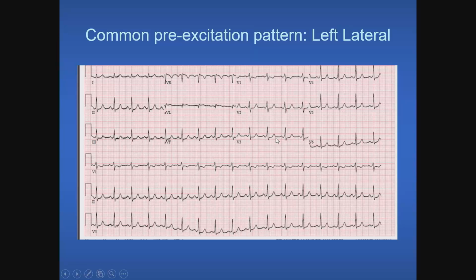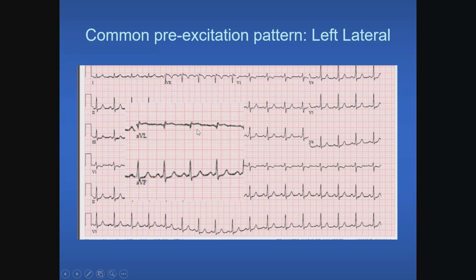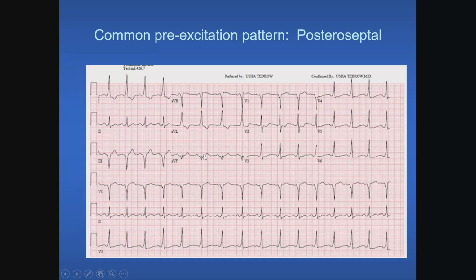So the delta wave is definitely there, and it's fairly typical to have not so prominent pre-excitation in left lateral pathways because the pathway is so far from the natural conduction system. One of the key clues on the surface ECG that you're dealing with a left lateral pathway is if you look in AVL and the delta wave is negative, that is a left lateral pathway until proven otherwise.